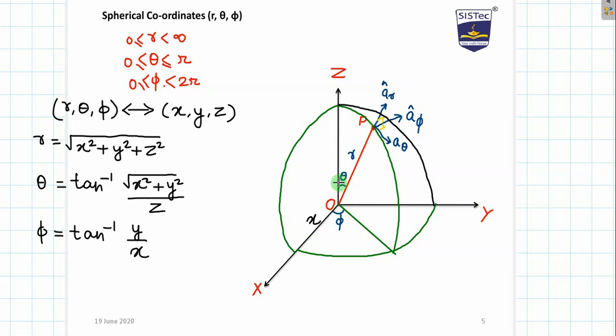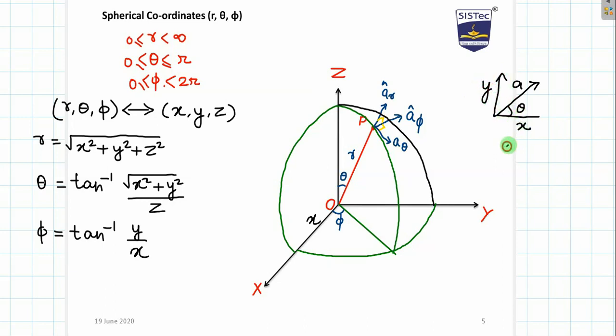See, if some vector is there, and this is theta, and let's say this is a vector. So this is your x, and this one is your y. Simple vector resolution. This is your y.